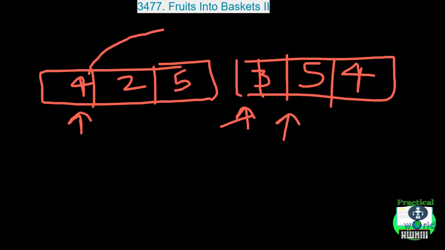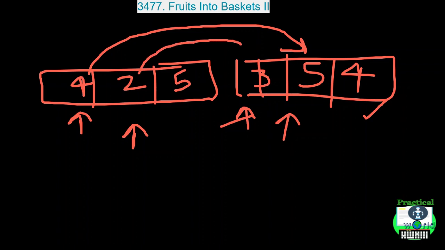You could also say we can insert 4 in the last basket, but there is a rule that we have to fill the leftmost available basket. Now we increment. Now we are at 2. Can we fill 2 here? Yes, we can fill 2 here.